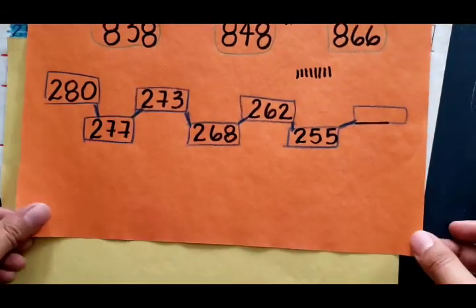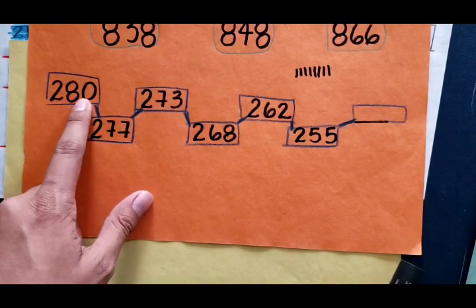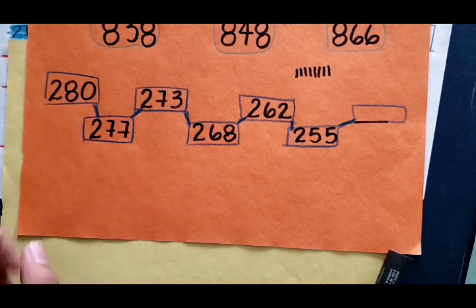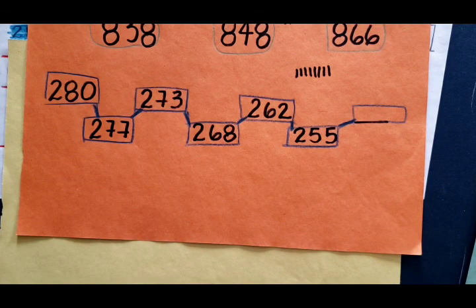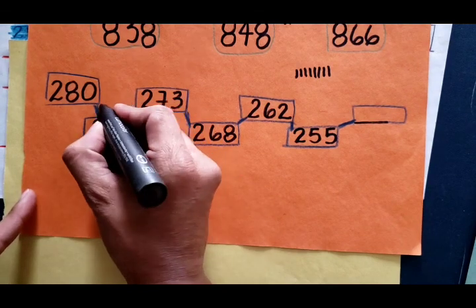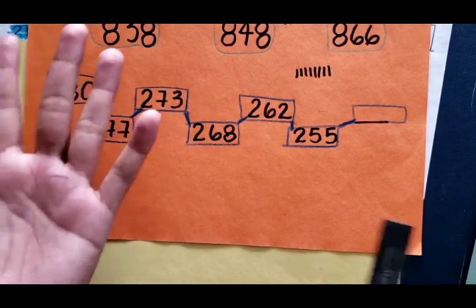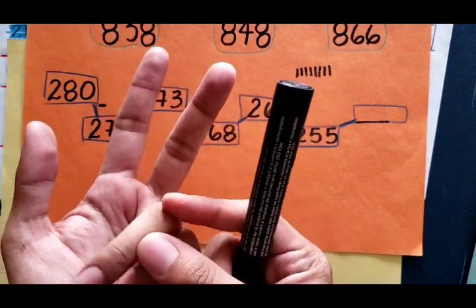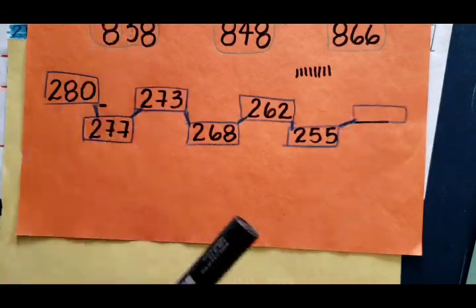The same is going to happen with the next pattern that we have over here. Okay, we have 280 and then we have 277. Mister, 280 is more, 277 is less. So we are going to count backwards. They are not adding, they are subtracting. 280, 279, 278, 277, minus 3.